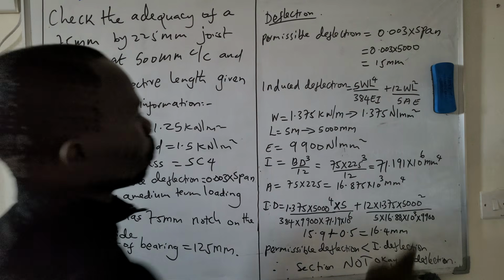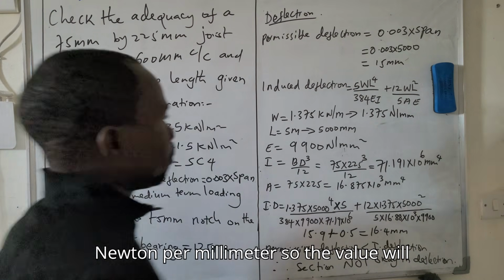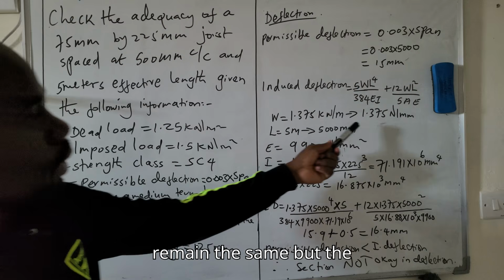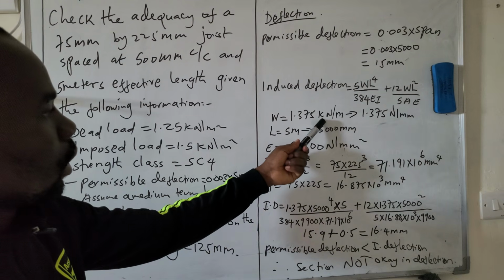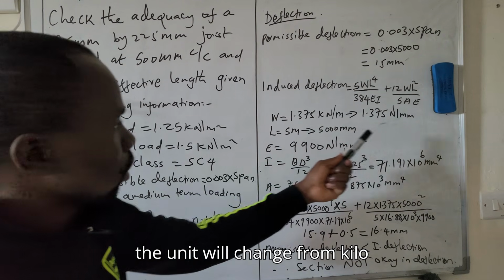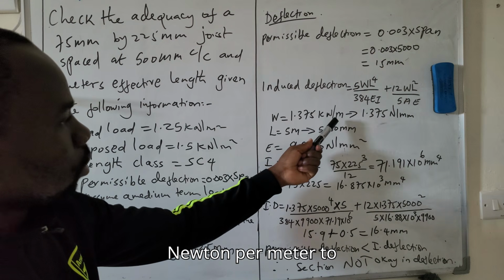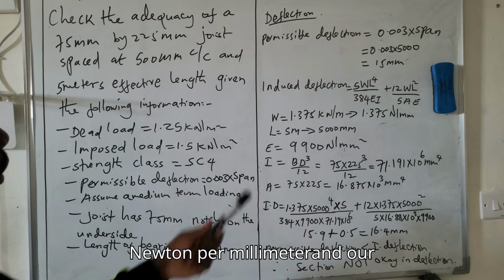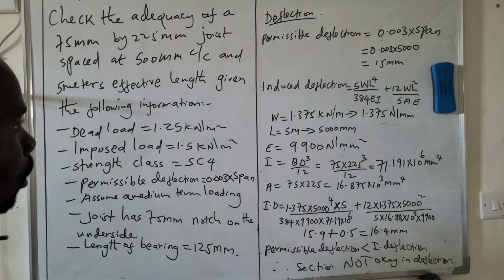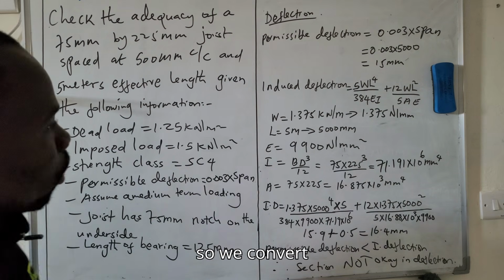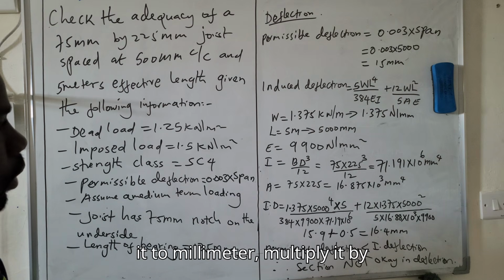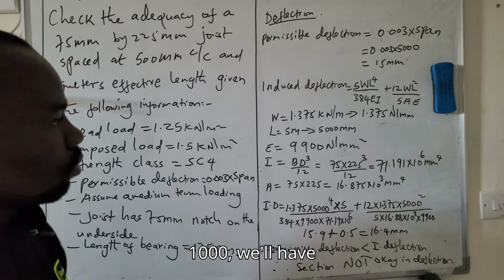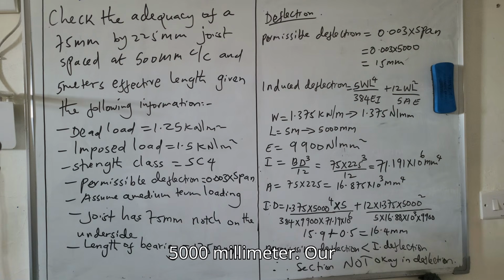The value will remain the same, but the unit will change from kilonewton per meter to Newton per millimeter. And our length is 5 meters, so we convert it to millimeter, multiply it by 1,000, you will have 5,000 millimeter.